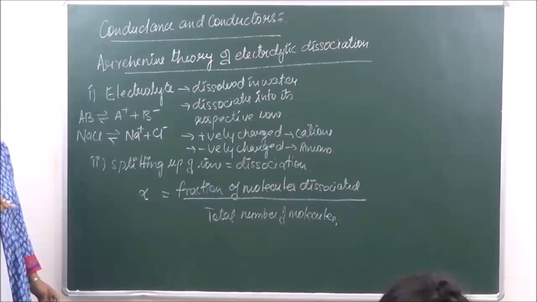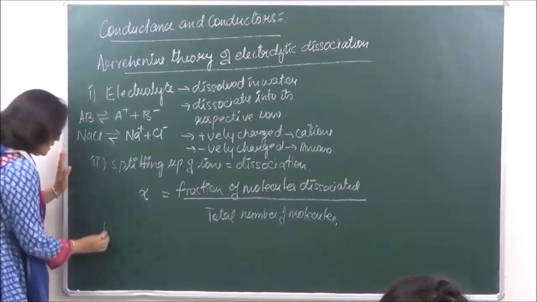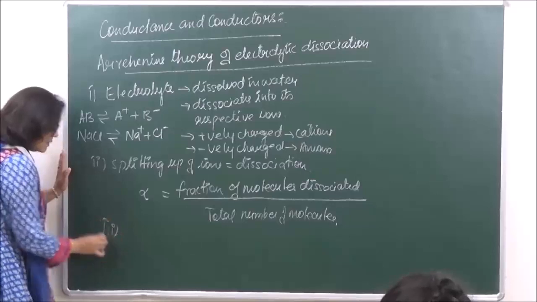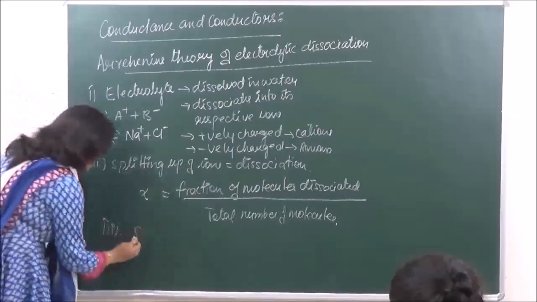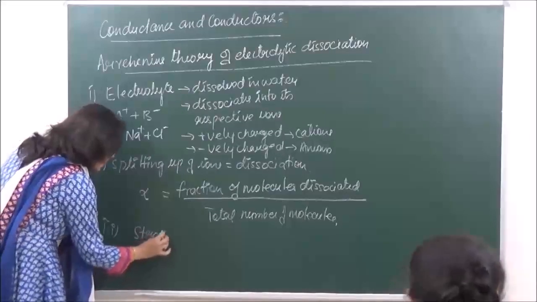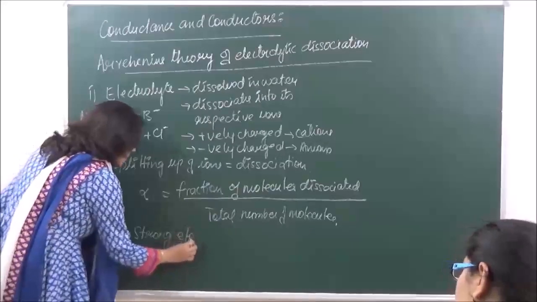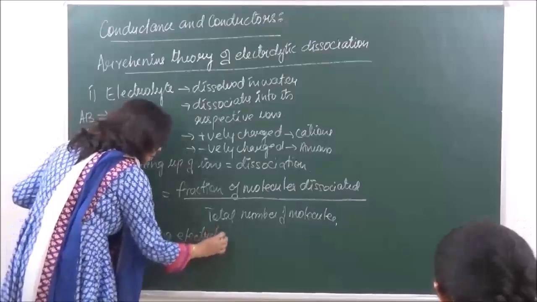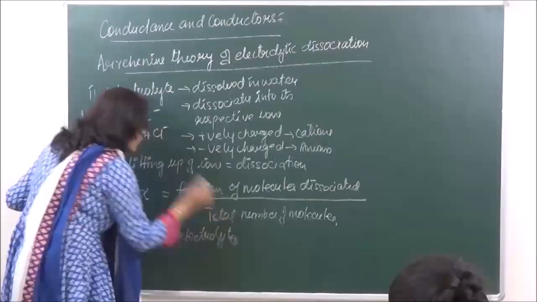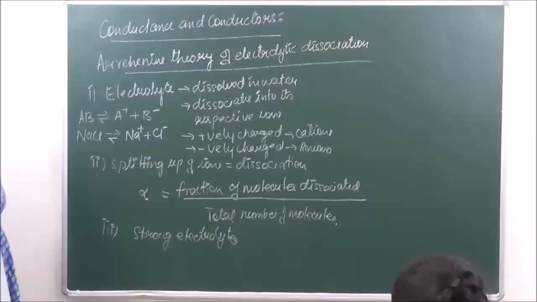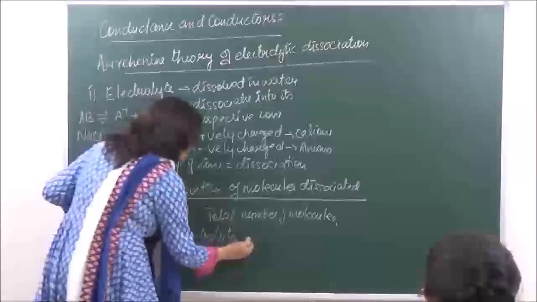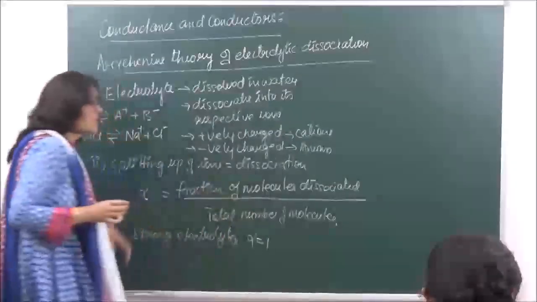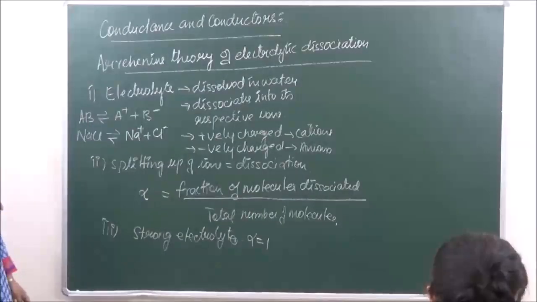Then the third postulate is that the electrolytes which completely dissociate are known as strong electrolytes, and the degree of dissociation for these electrolytes is always equal to 1.